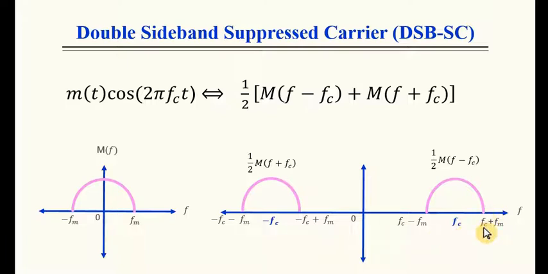Here we have Fc plus Fm, the maximum frequency, and here we have the minimum frequency, which is Fc minus Fm, for the positive part. Also for the negative part, we have minus Fc minus Fm, the maximum frequency component, and minus Fc plus Fm, the minimum frequency component.